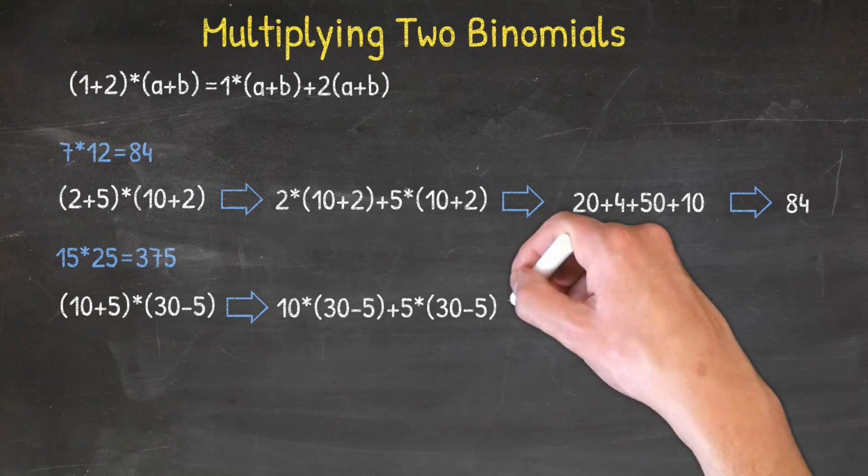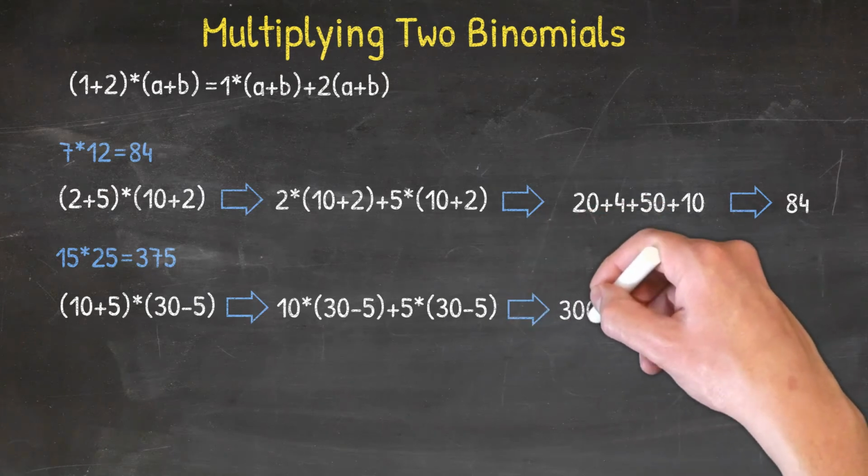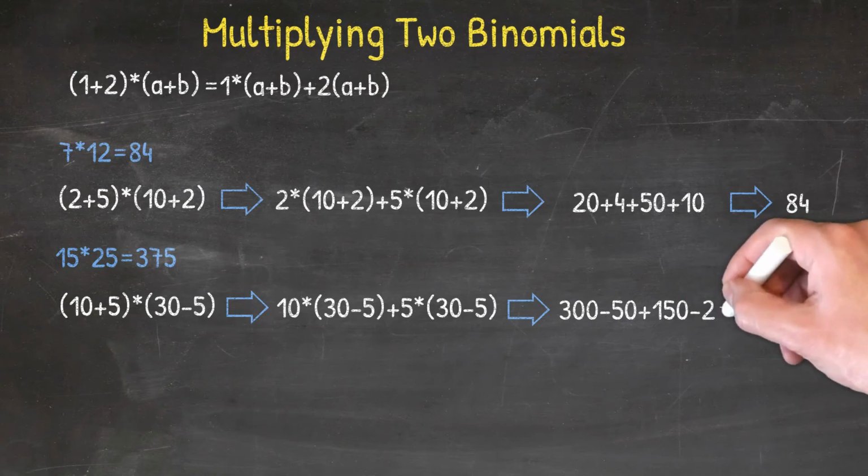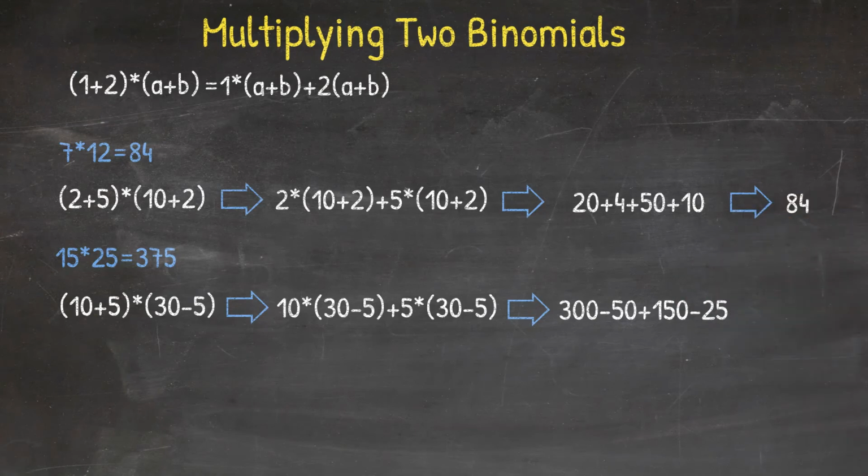We get 10 times 30, 300, minus 5 times 10, 50, which is minus 50, plus 5 times 30, plus 150, plus 5 times minus 5, minus 25. So we have to be very careful with minuses here. And this is actually intentional, the reason I picked subtraction versus addition in this case.